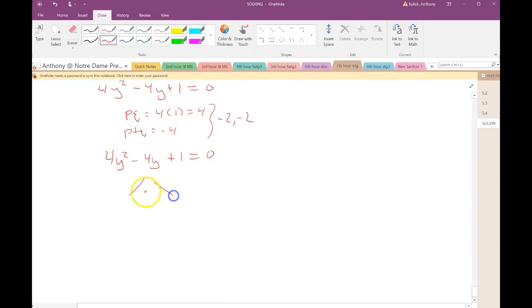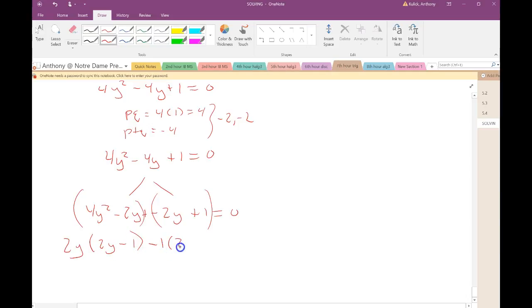So what do I use those two numbers for? I use them to break up that middle term. And then I make my two groups. The first group I can take out a 2y. The second group I can take out a -1.